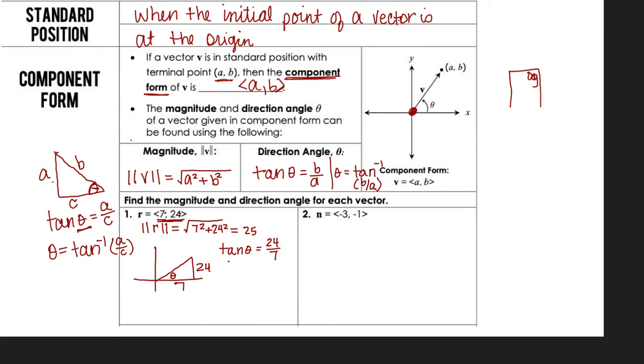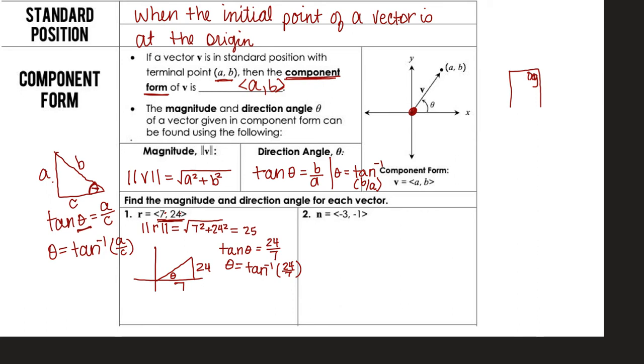We need just our angle measure. So this is where we're going to say inverse tangent of 24/7. Hopefully it comes back to you after you see it written. If it doesn't, it's okay. We're going to do enough of them. And this is where you put it in your calculator.